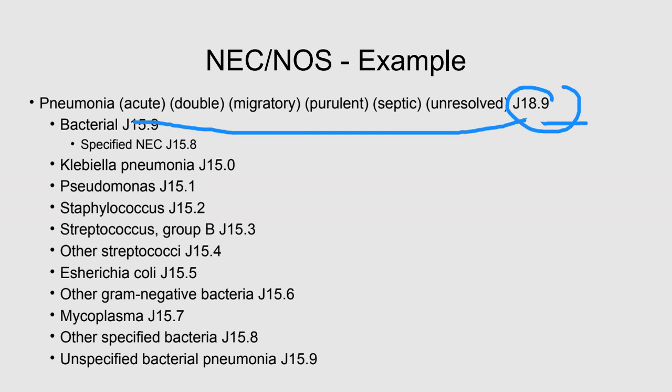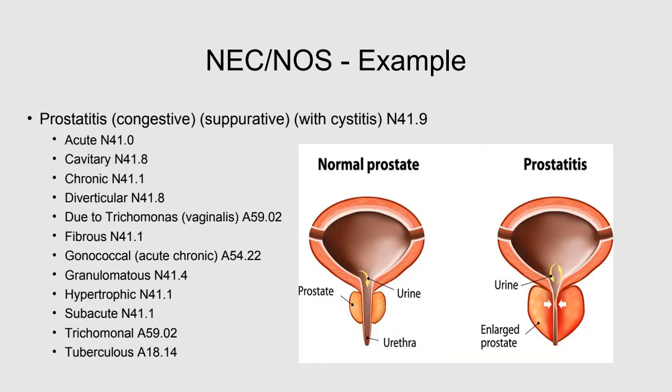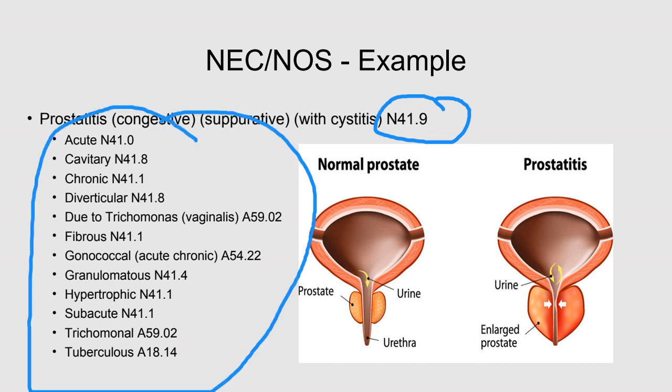So let's look at another example. This is prostatitis. The default code is N41.9. And you have all these different types of prostatitis. If one of these is listed in the documentation, you can use that code. If it says chronic or fibrosis or hypertrophic, you use that code.